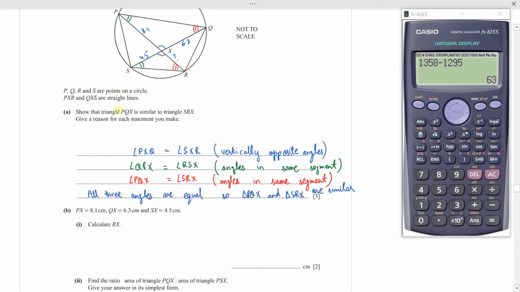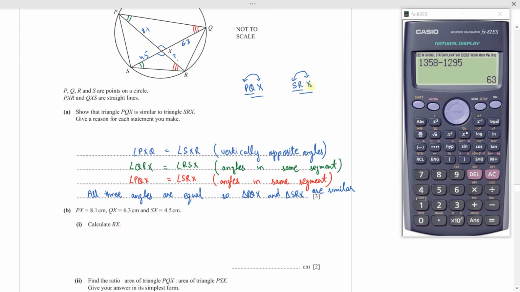So you have triangle PQX and the other triangle is SRX. These two are similar. So PQ and the corresponding length will be SR. Then you have side QX, the corresponding side is RX, and then you have side PX and the corresponding side is SX. So RX is the unknown.